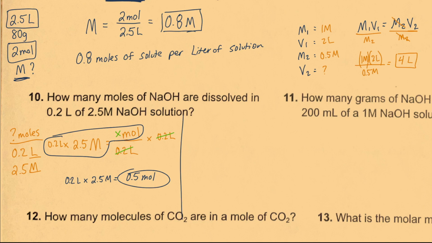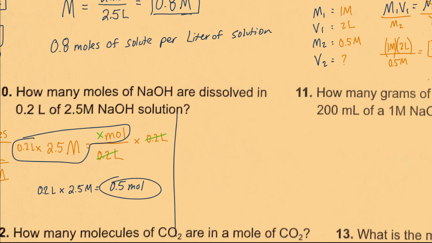And of course, you could do this the other way, right? Where the molarity, the capital M, tells us the number of moles in every 1 liter of solution. And then we're not being asked about how many moles are in 1 liter. That's not what the question wants to know. It wants to know how many moles are in 0.2 liters.